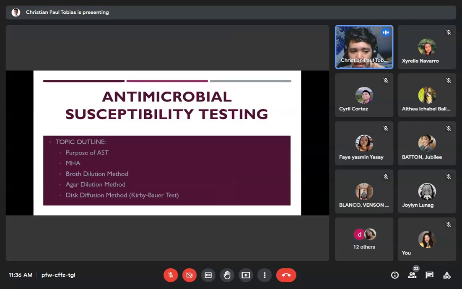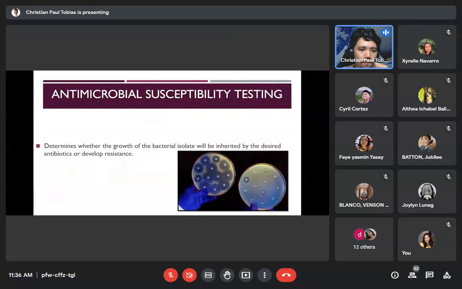And the E-test, it wasn't listed, but there is the E-test. Okay, AST is used to determine whether the growth of a bacterial isolate will be inhibited by the desired antibiotics or develop resistance.